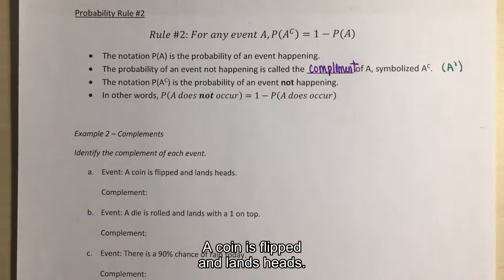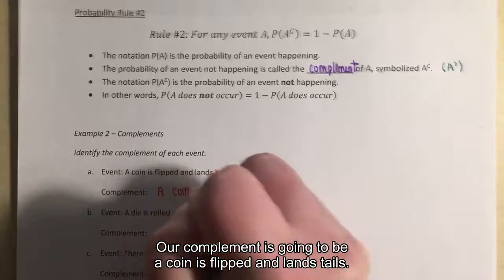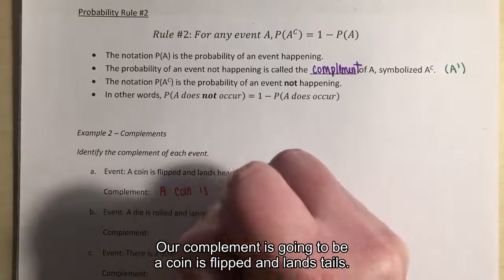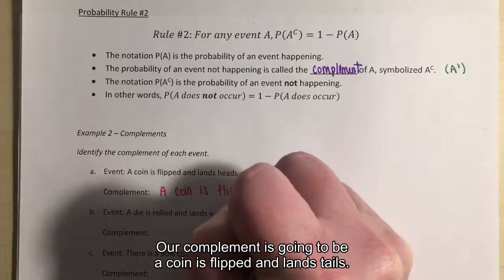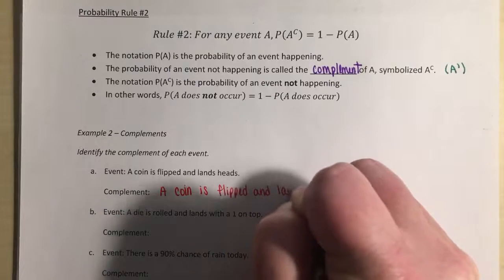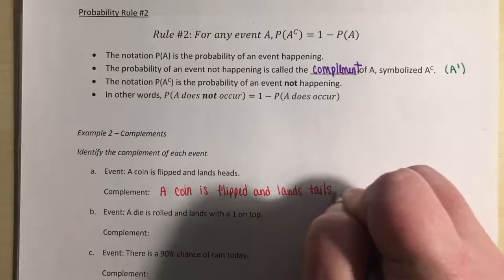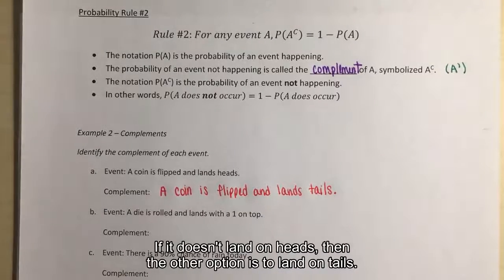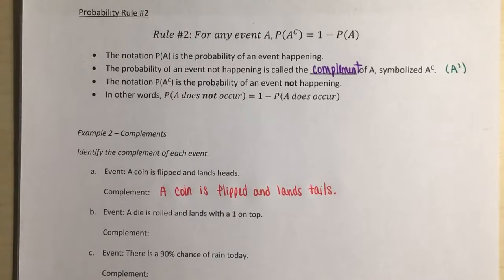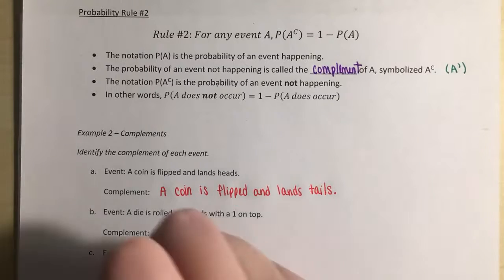A coin is flipped and lands heads. Our complement is going to be a coin is flipped and lands tails. If it doesn't land on heads, then the other option is to land on tails. A die is rolled and lands with a 1 on top.